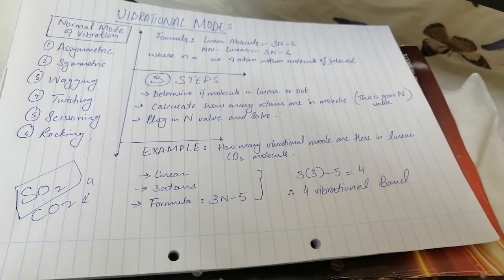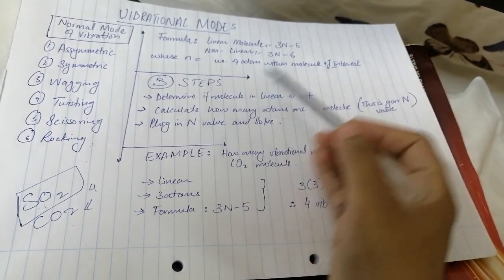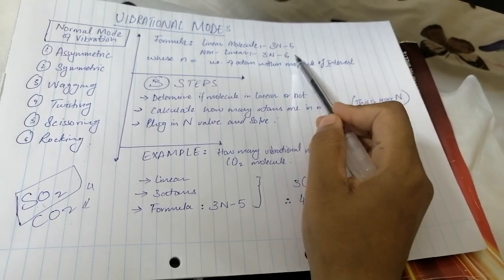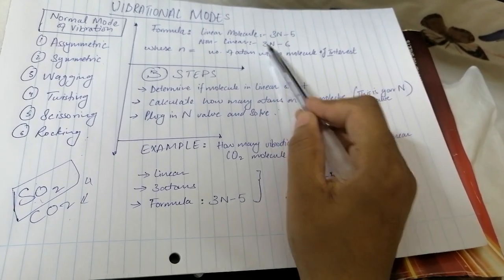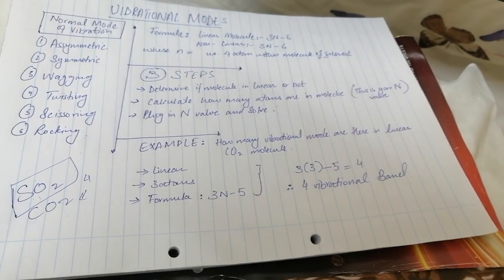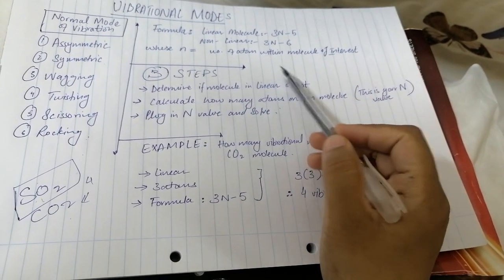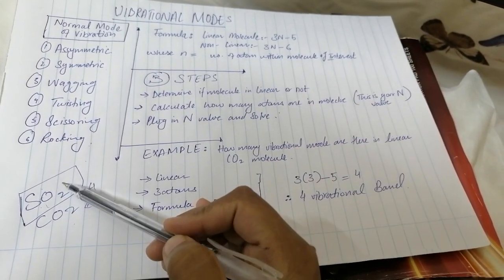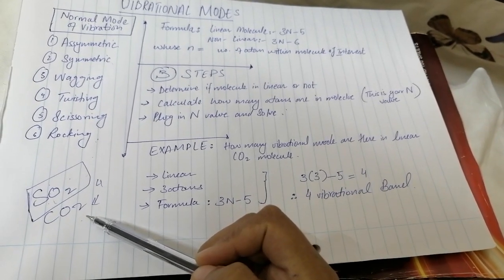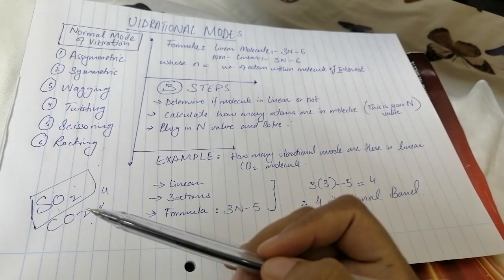So you're going to plug in the number of atoms in the non-linear formula: 3n minus 6, 3 times 3 minus 6, 3 times 3 is 9. Then minus 6 will give you 3 vibrational modes for SO2 and 4 vibrational bands for the carbon dioxide CO2 molecule.